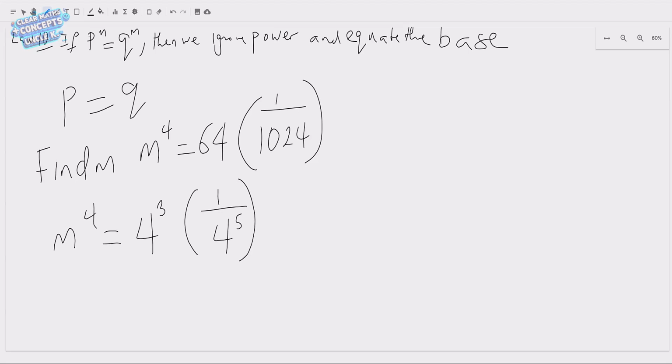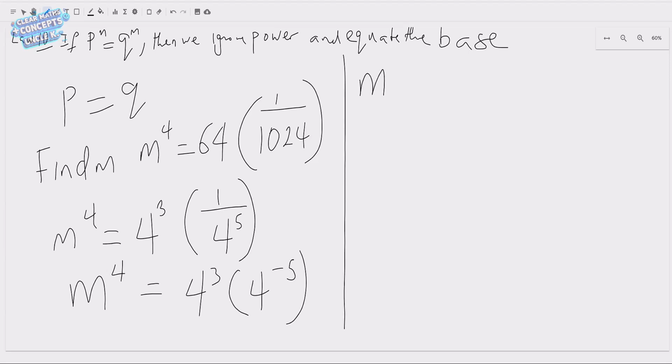So we have M to the power 4 ... to the power minus 5. So we combine the powers. This does not actually have to do with that.